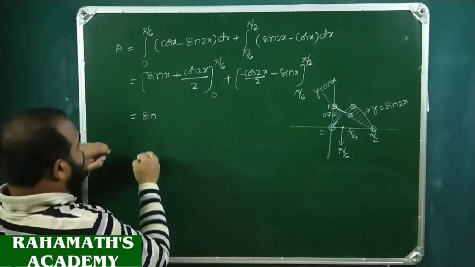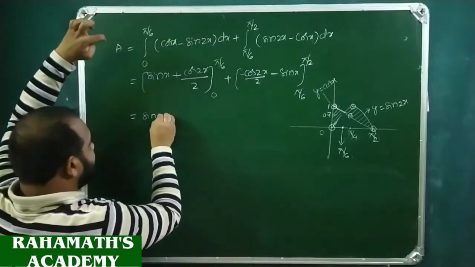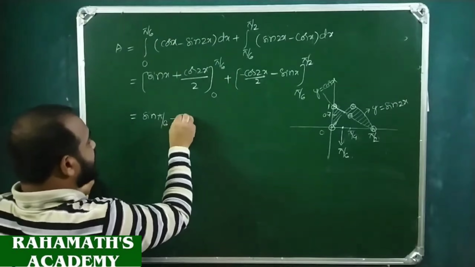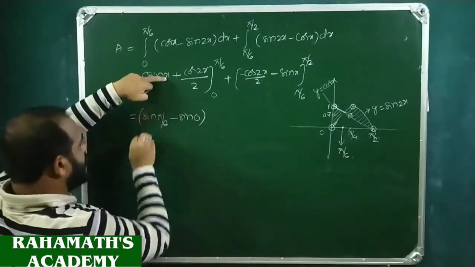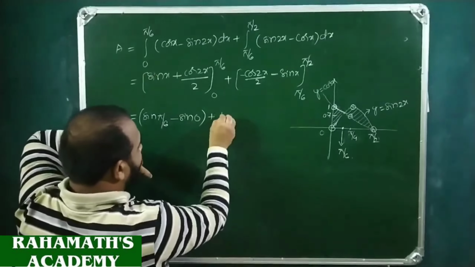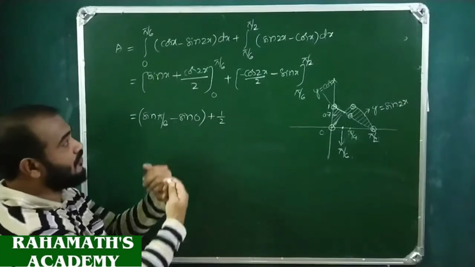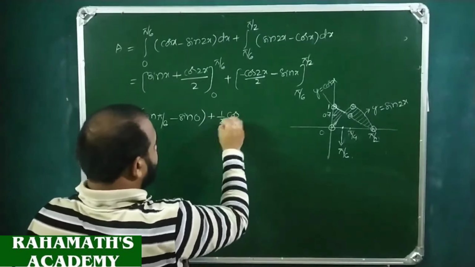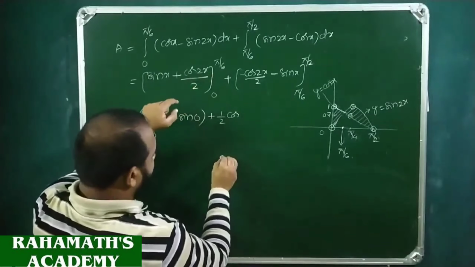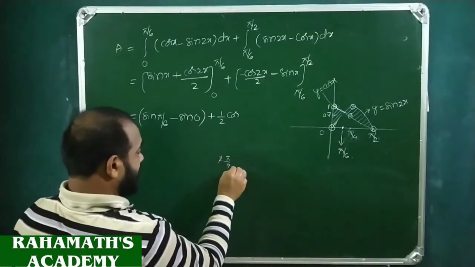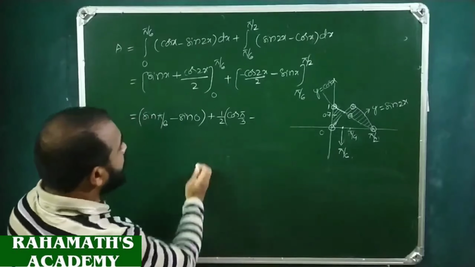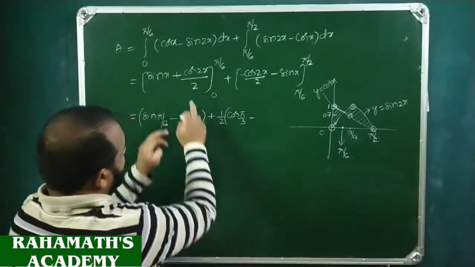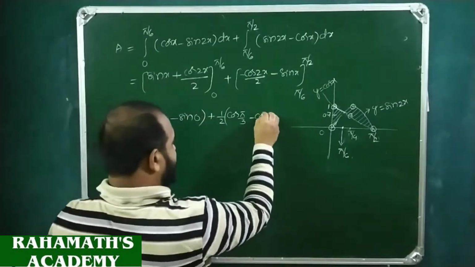Sin at the upper limit pi by 6 minus sin at the lower limit 0, plus 1 by 2, I am separating from the process of integration, cos 2 into pi by 6, so pi by 3, minus lower limit cos 2 into 0, so cos 0.